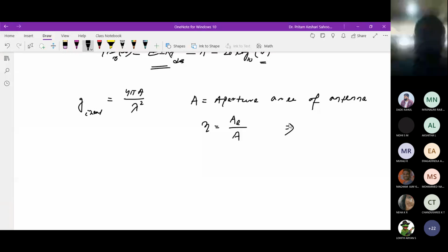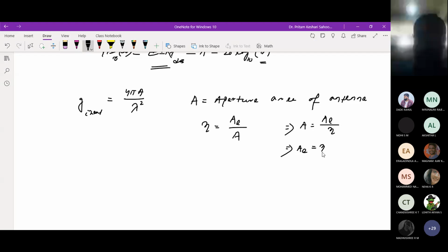Hence, we can write A equal to AE divided by eta, or else we can write AE is equal to eta into A, where AE is the effective aperture of the antenna.